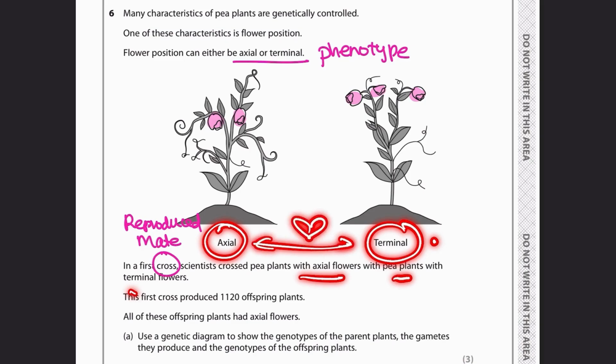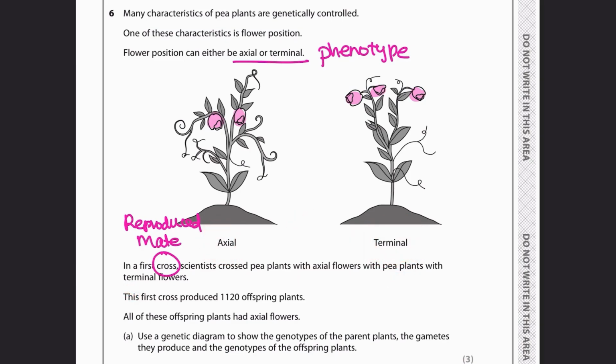They mated them. And all of the offspring produced, 1,120, all had axial. So what does that tell you? Which one is the dominant one, axial or terminal? Since all the kids are axial, then axial is the dominant one, isn't it? So therefore, axial has got to be big A, at least one big A.